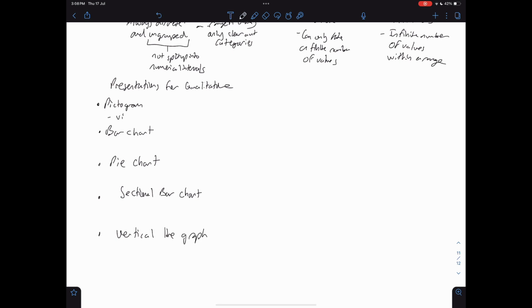And so for a pictogram, the advantage is it's visually appealing.